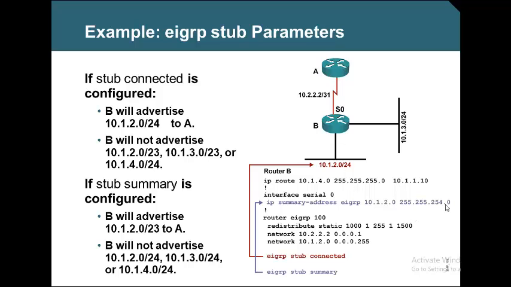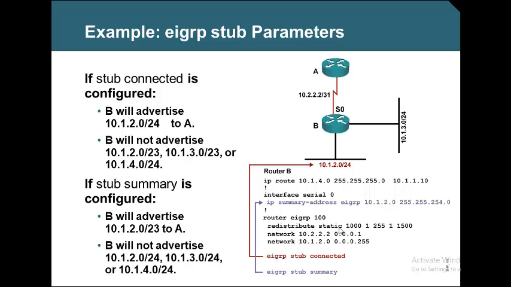And now this static route is also redistributed with K values. We can see under EIGRP, redistribute static, which means whatever static routes are written, all those static routes should be redistributed by EIGRP 100.